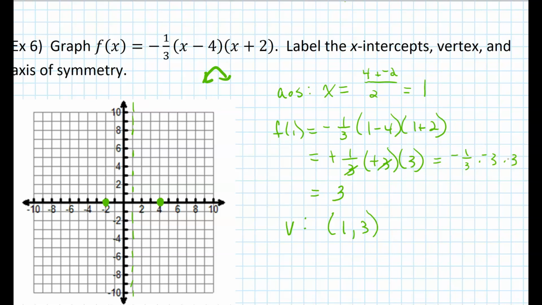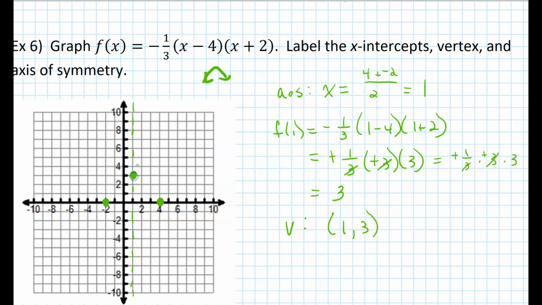Don't distribute that negative sign. So the double negative became positive, and then I divided that 3 by that 3. Okay. So the vertex we just found is at 1, 3.